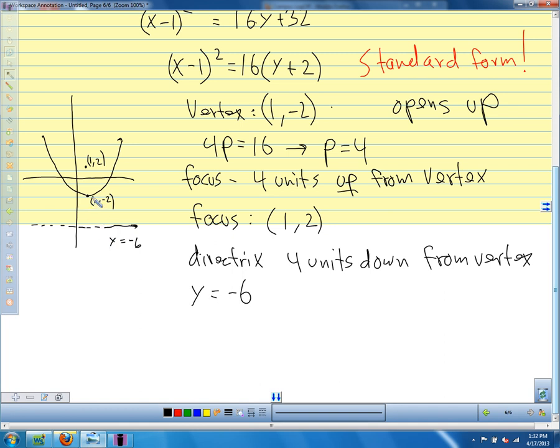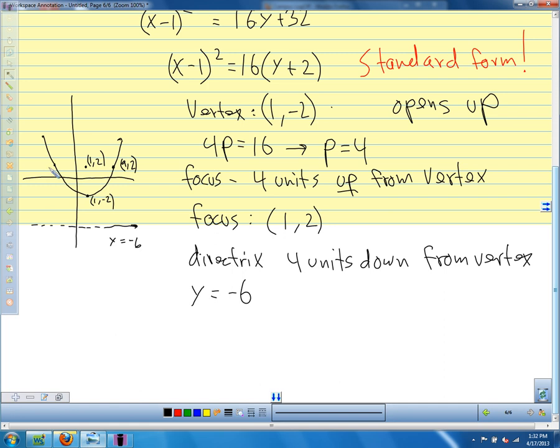And if I wanted additional points, I can go over 2p units from the focus to the left and the right. So 2p is 8. So if I move over 8 units from 1, 2, I'm going to be at the point 9, 2.